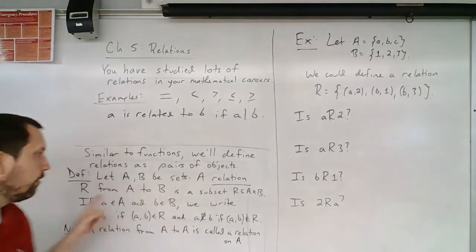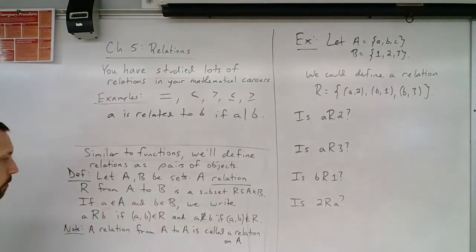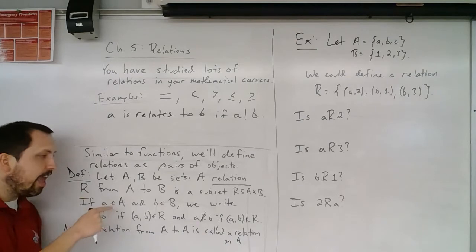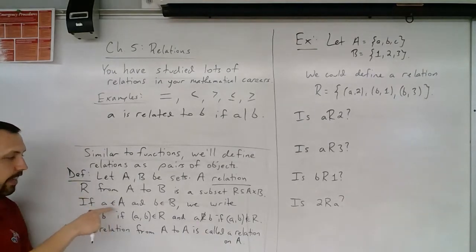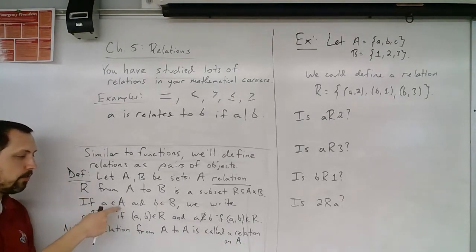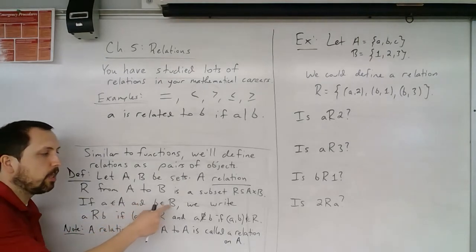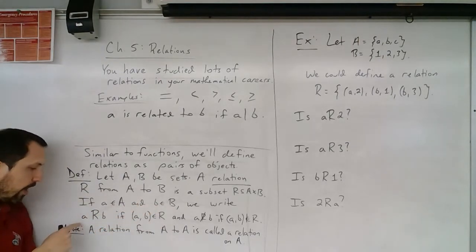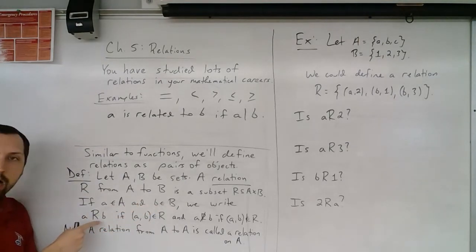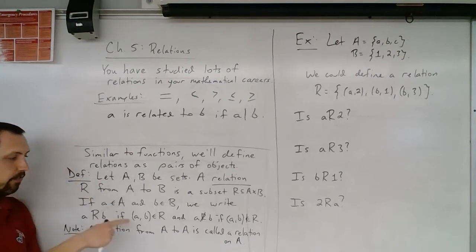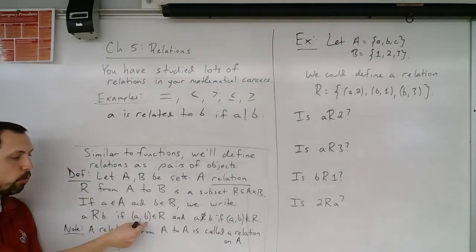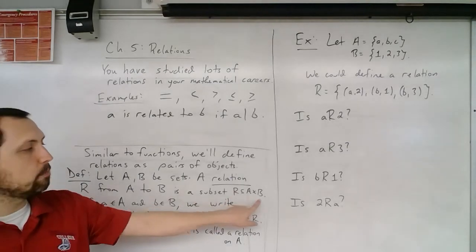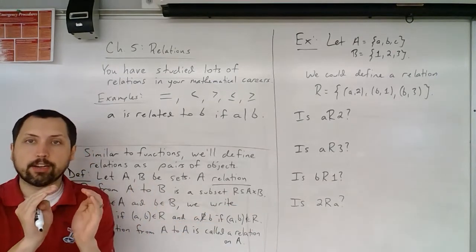So we're defining this relation as a subset of a Cartesian product. Then if little a is an element of the capital A, and little b is an element of the set B, we're going to write a R b, A is related to B, if this ordered pair (a, b) is an element in R. Remember, elements in a Cartesian product are ordered pairs.